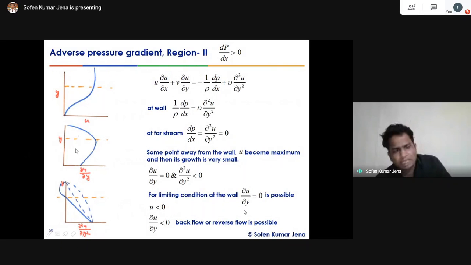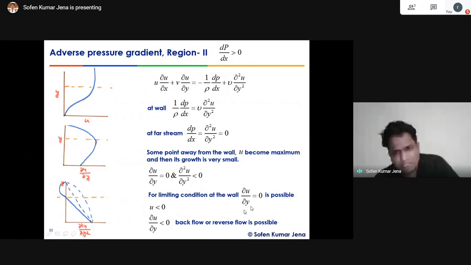u becomes negative, from the maxima and minima principle. If you find a function u with del u by del y equal to 0, what condition is it giving? It is giving that the function is either a maximum or a minimum. To find out whether the function is a maximum or minimum, you have to do the double derivative check, and once the double derivative is positive, the function is at a minimum. So we have checked it, right.